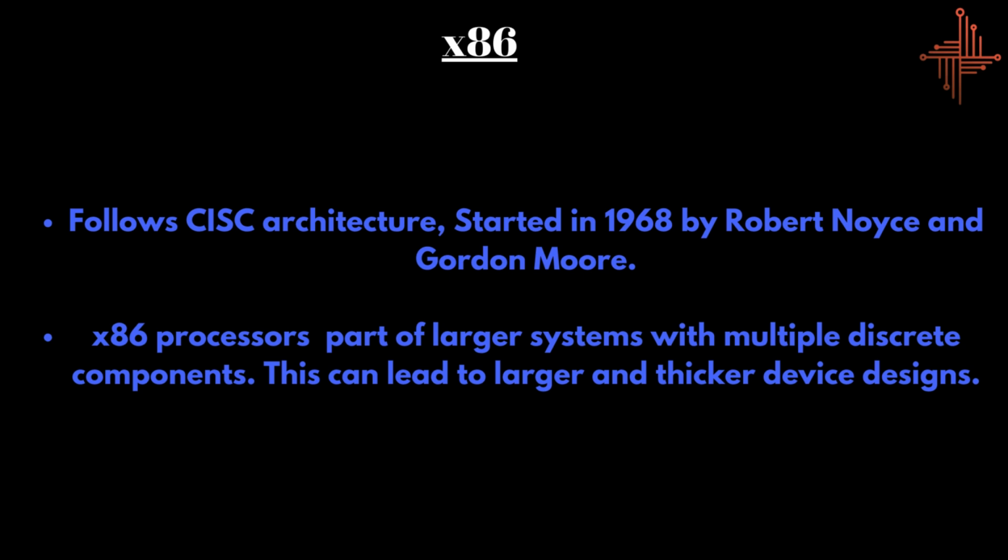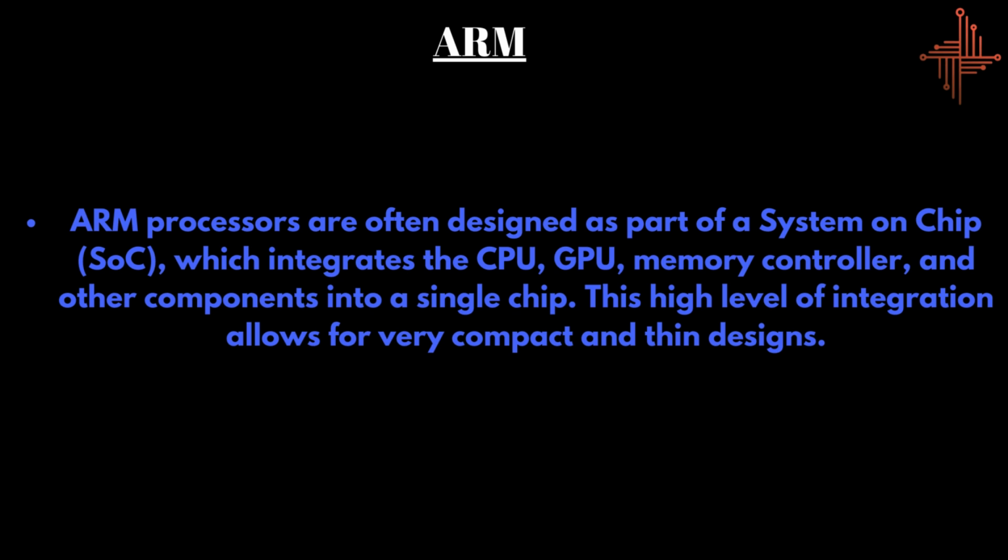So you might have heard about this expandable thing in all the Windows computers which have this Intel chip. You can expand your RAM and GPU, CPU, everything. Because they have discrete components, that is why they are scalable. So let's talk about ARM chips. ARM chips are basically found in your phones.